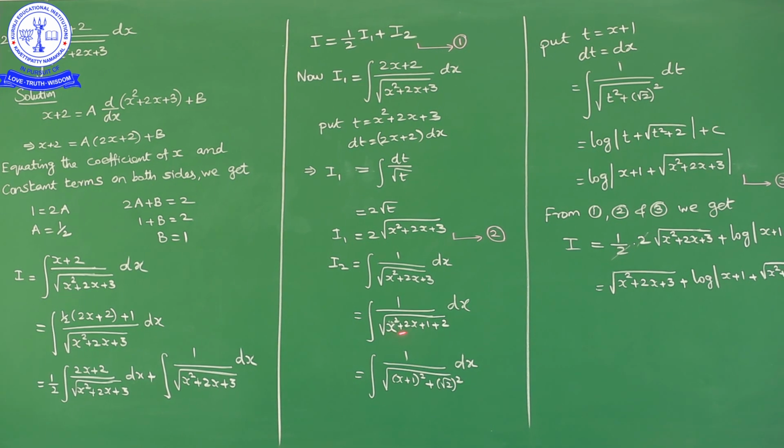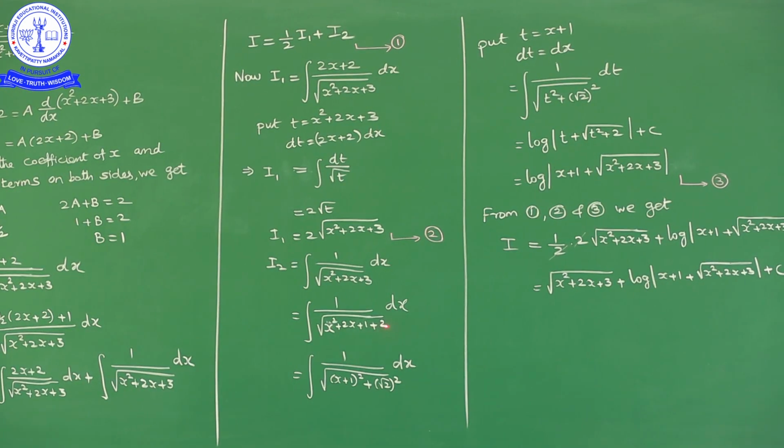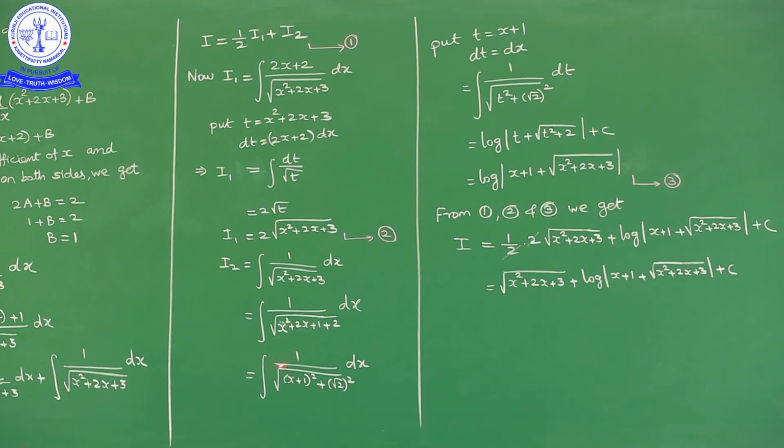The first 3 terms are x plus 1 whole square, and 2 we can write as root 2 whole square. So integral 1 upon square root of x plus 1 whole square plus root 2 square dx. Now x plus 1 I will consider as t, dx equal to dt. So I2 reduces to integral dt upon square root of t square plus root 2 square.